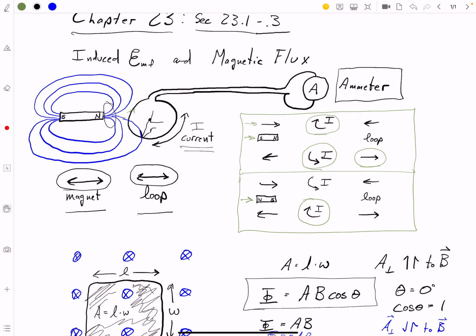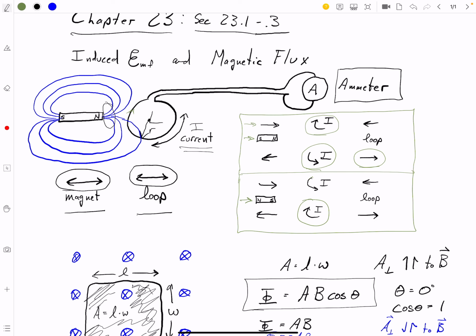The magnetic flux that is going into our probe, our loop probe, that magnetic flux is growing. When it grows, the current goes to the left. So when it's growing, our current goes that way. So that means our magnetic flux is increasing. When our magnetic flux is decreasing, the current is going back the other direction, that way.